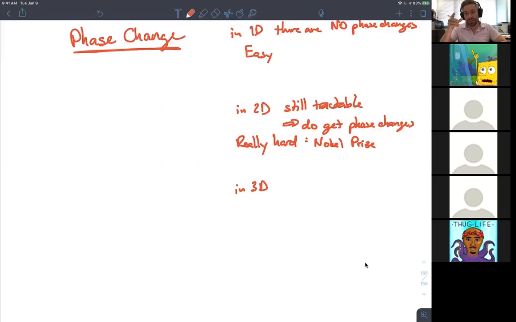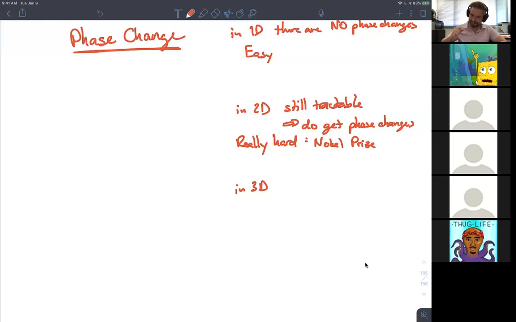So what we're going to do is work through the Ising model explicitly in 1 dimension. We're going to talk about qualitatively what happens in 2 dimensions, and then we're just going to forget about the fact that 3 dimensions even exist, okay?